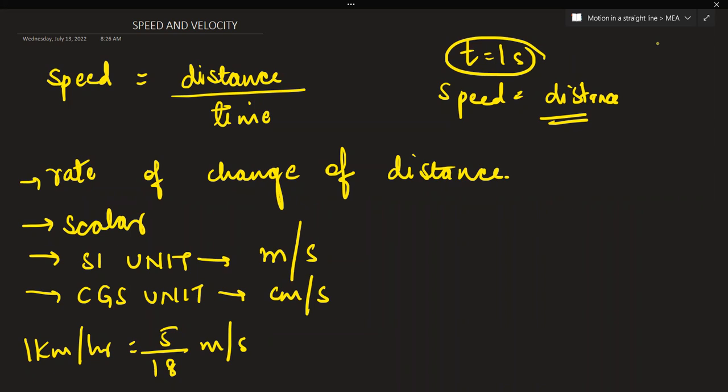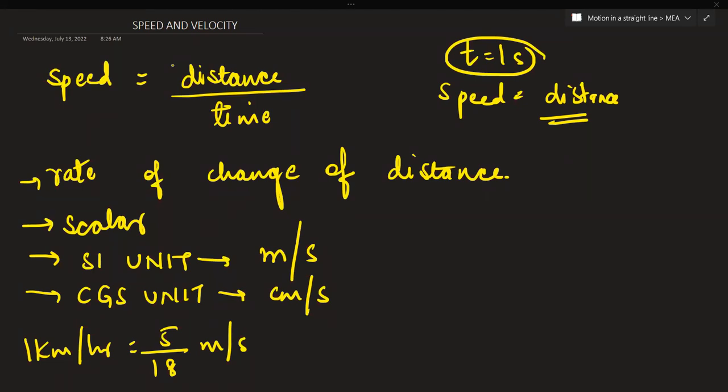Now see, rate of change of distance is a scalar quantity. Speed is a scalar quantity because we are considering distance. If it is displacement, that is velocity, and that becomes a vector quantity. Why are we studying scalar and vector?